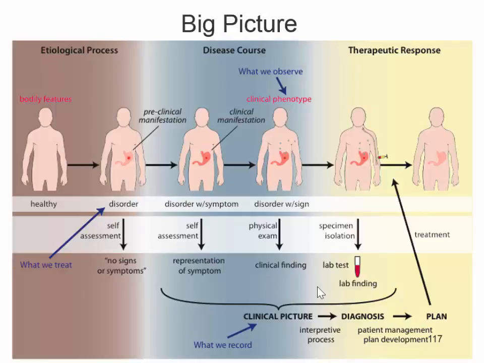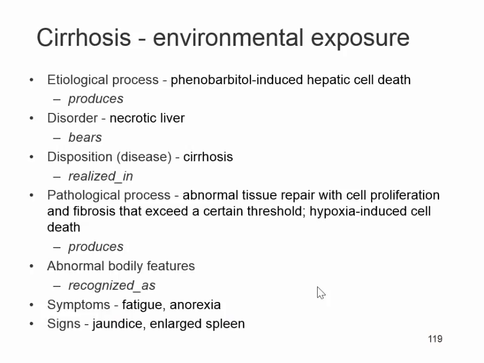And then in the case of cirrhosis, the etiological process is hepatic cell death, which produces a disorder which is the necrotic liver, the changed liver, which is a part of your body. It's a material entity. And this liver bears a disposition which is the disease called cirrhosis. And this disease is realized in a pathological process of abnormal tissue repair and hypoxia-induced cell death.